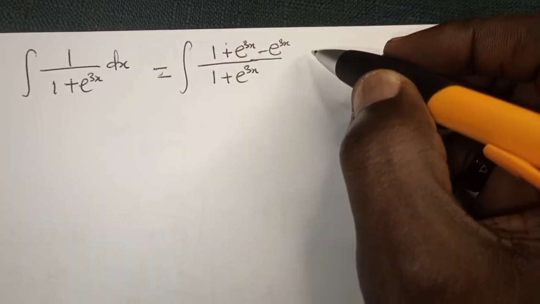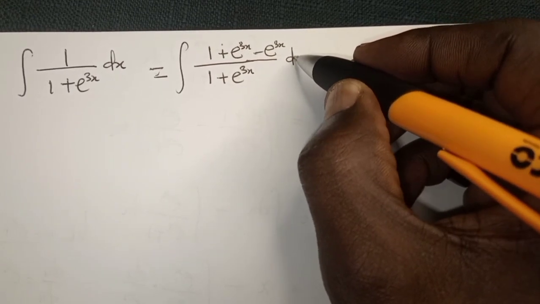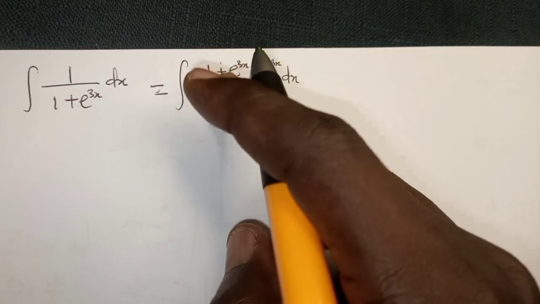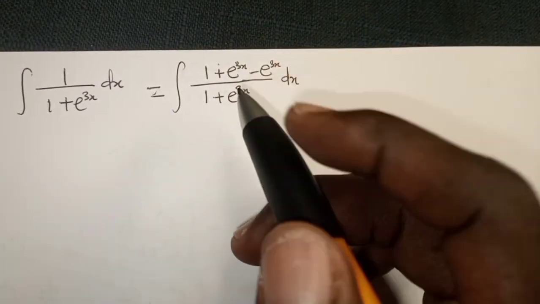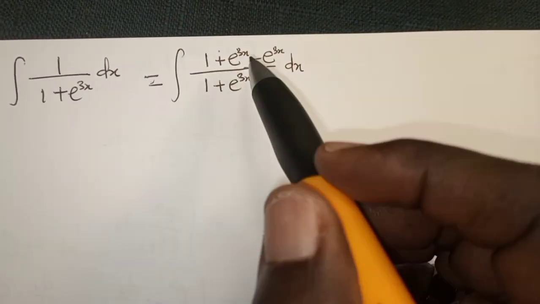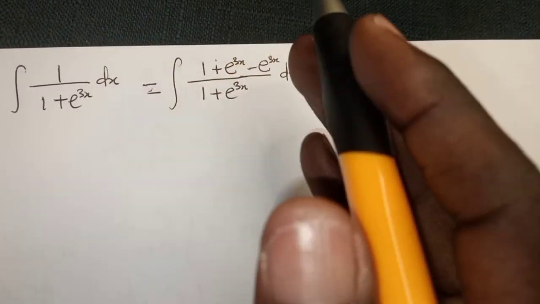So we are adding an identity element. Okay, so we further expand this expression.